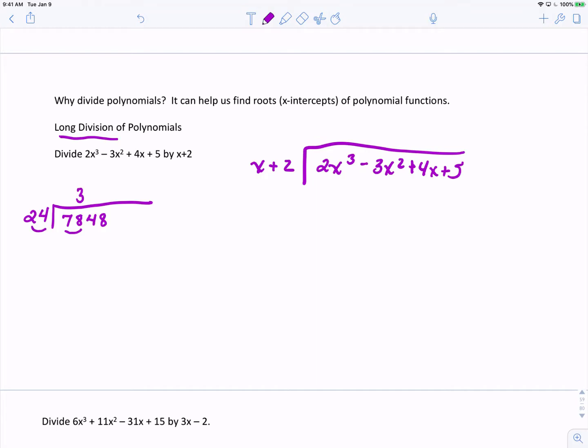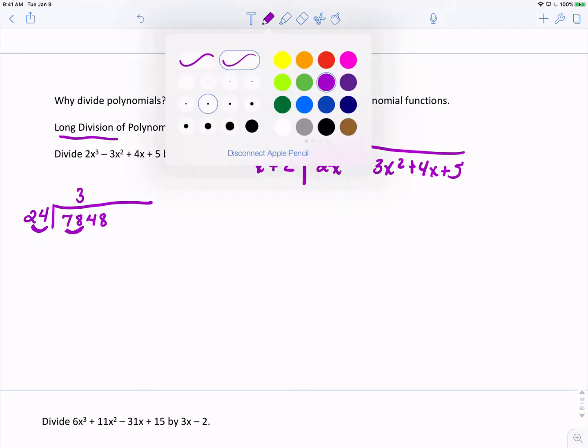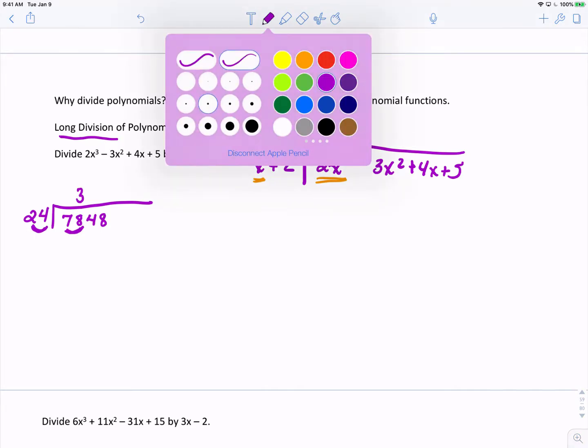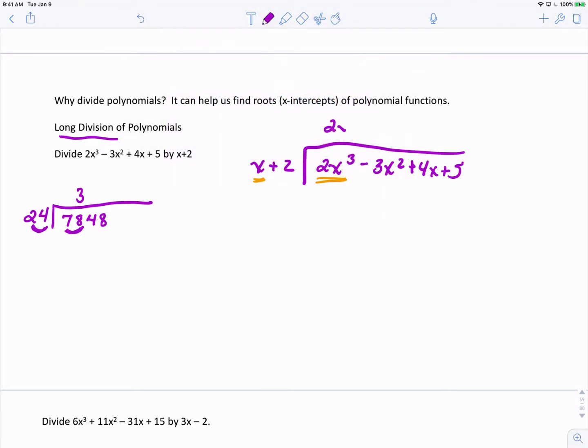And so just like long division with numbers, you start by asking, what could I multiply 24 by to get very close to 78? In long division with polynomials, you ask yourself, what would I multiply x by to get 2x cubed? Well, that would be 2x squared. And so we put it on top, just like we put the 3 on top of the long division sign. And then you may remember what happens next in long division. You multiply these two numbers together.